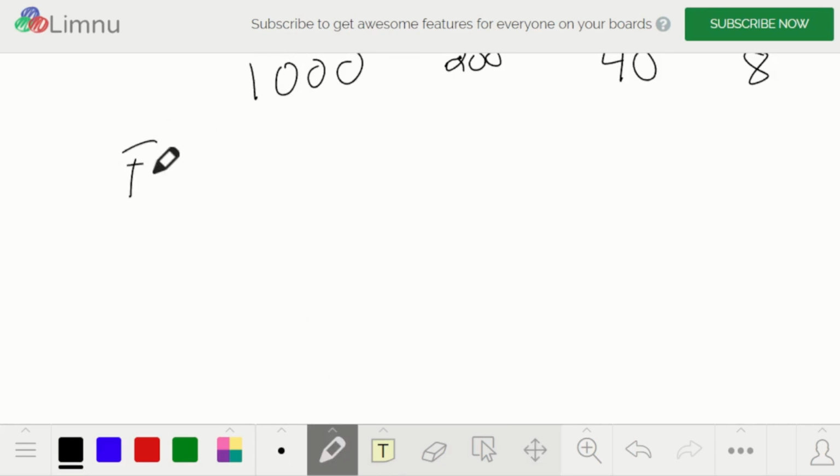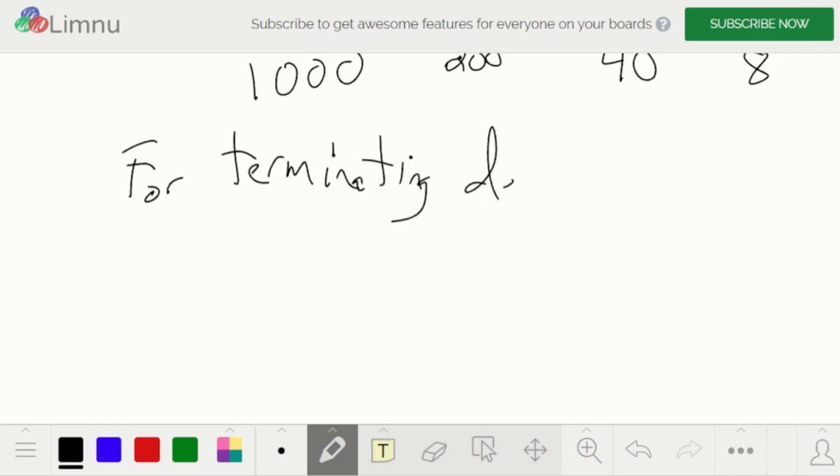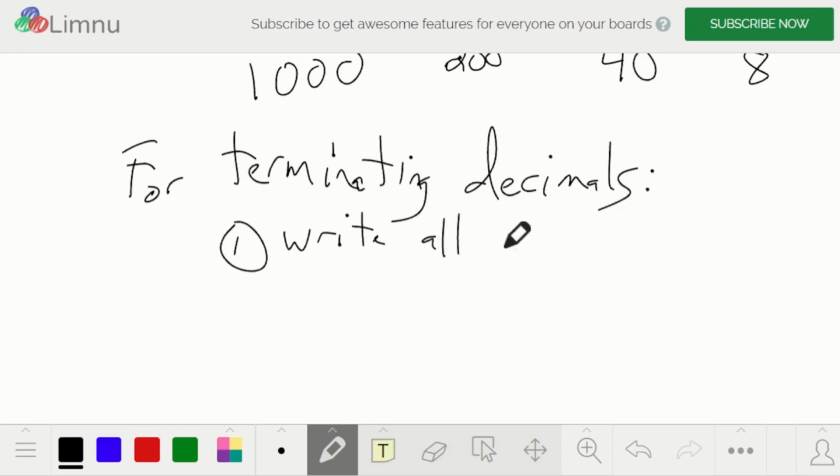So, just to recap, for terminating decimals, you want to write all digits that you see as the numerator.